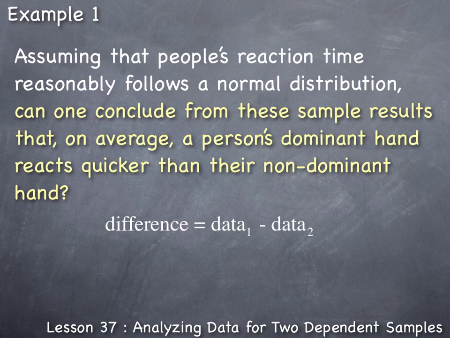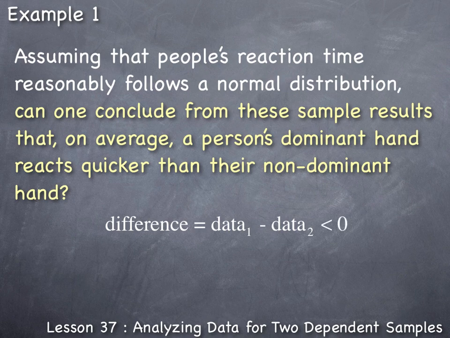Now here, the problem's stated, on average, does a person's dominant hand react quicker than their non-dominant hand? Quicker reaction times are your less than reaction times. That is, 400 milliseconds is quicker than 500 milliseconds. Thus, when we take a lower data value minus a larger data value, we're left with a negative difference, or one that is less than 0.